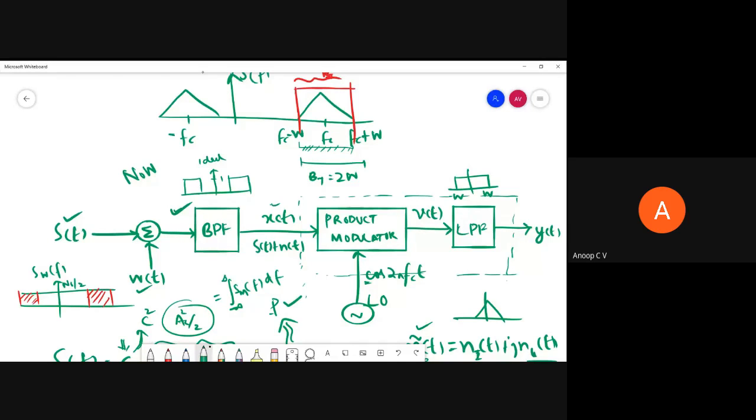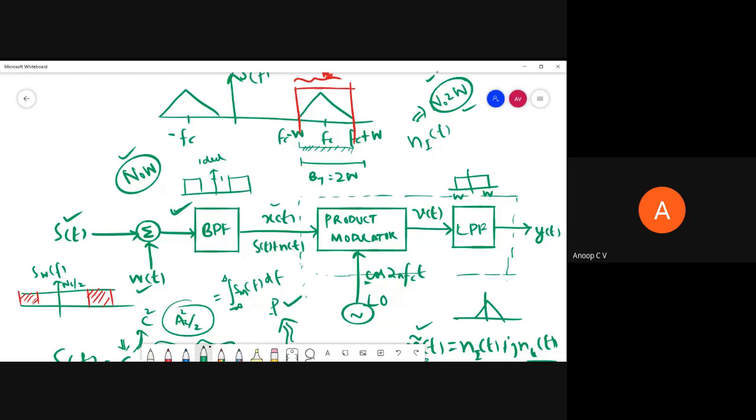Right, before the band pass filter. But when we pass it through the band pass filter, and at the end when we are evaluating the noise power of Ni of t, this is equal to N naught times 2W, right? So these two things you have to remember. I don't think this detailed discussion of canonical representation and narrowband noise is required if you can just remember these things.